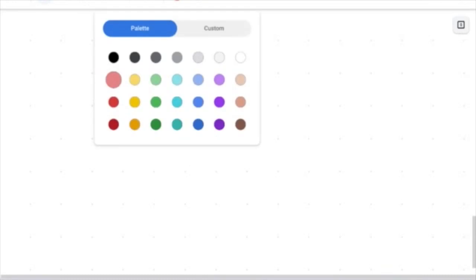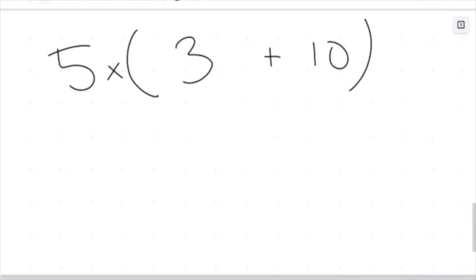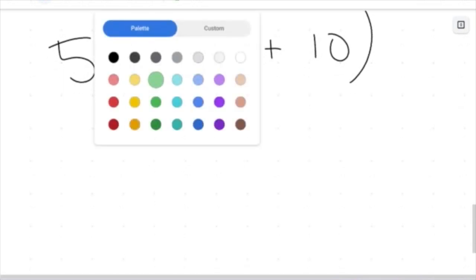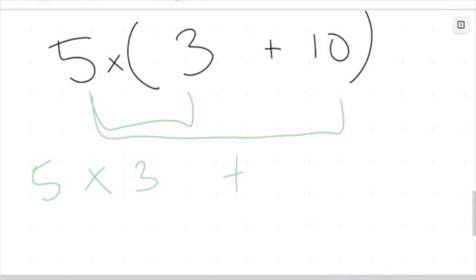This tells us that if we have a number, say 5, multiplying by any number, let's say, I don't know, 3 plus 10, we can find this by first multiplying 5 and 3. That gives me 5 times 3. And adding that to 5 times my other number, 5 times 10. So it makes my multiplication easier.